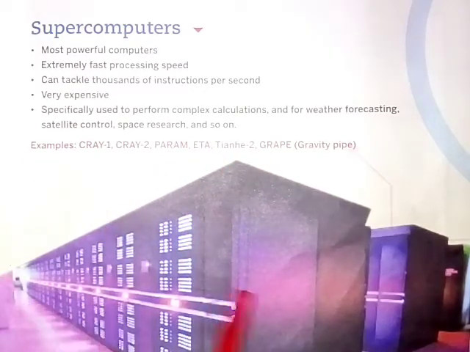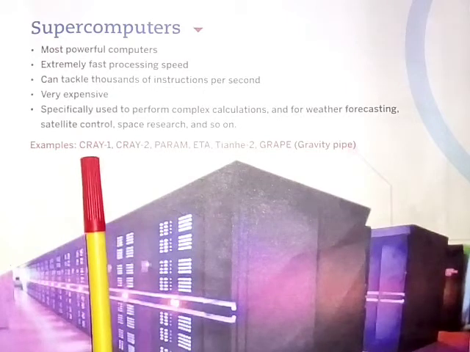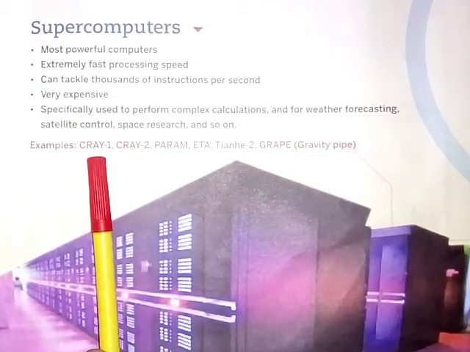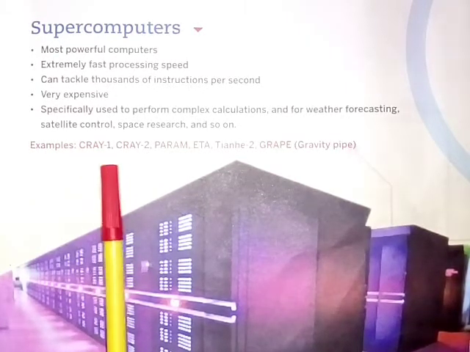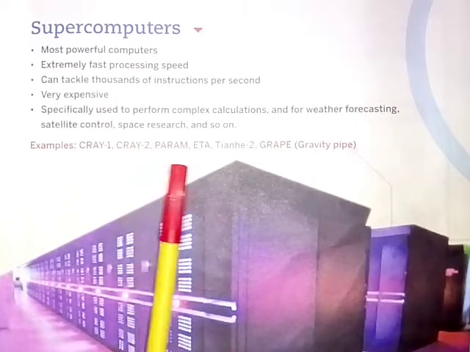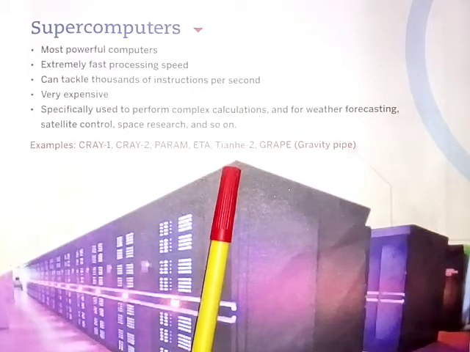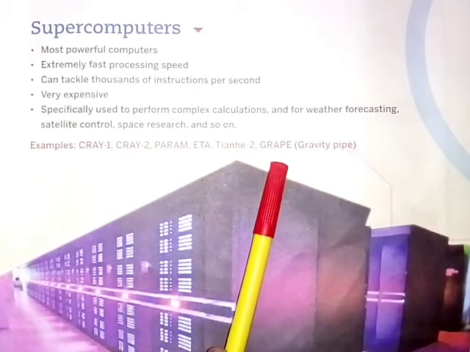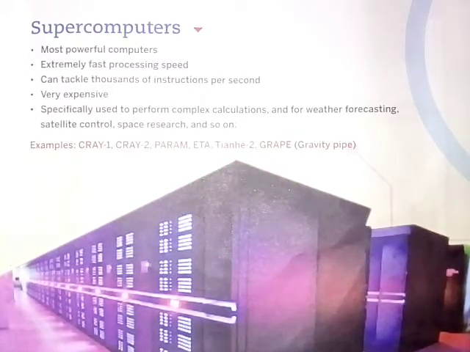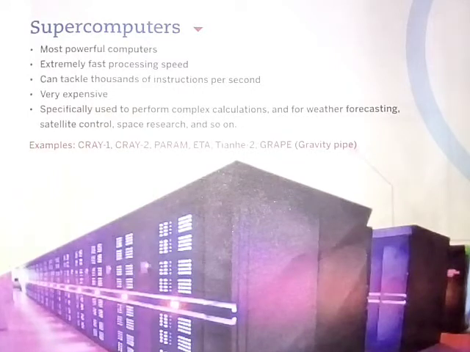Examples of supercomputers are Cray 1, Cray 2, Param, Eta, Tianhe 2, Gray, shape, also known as gravity pipe.